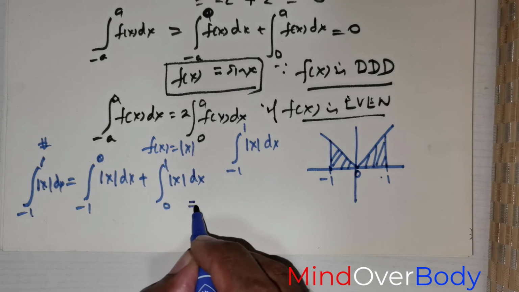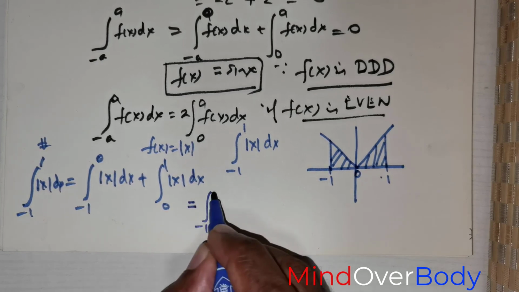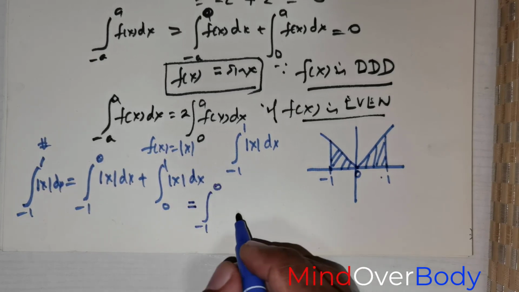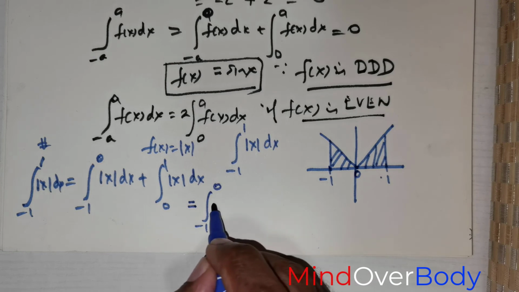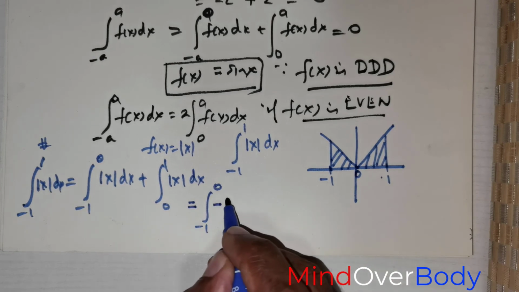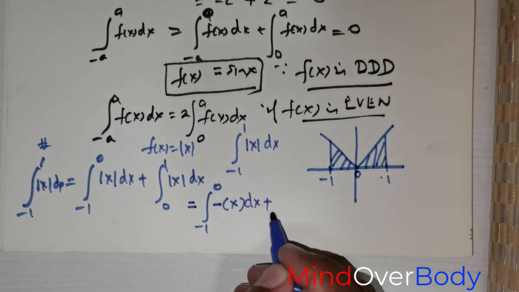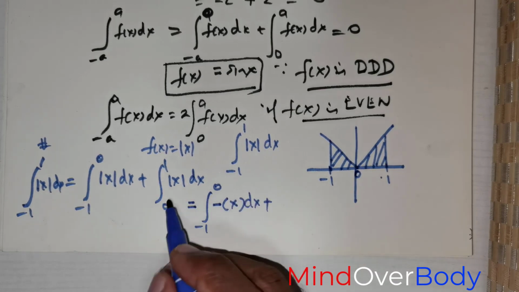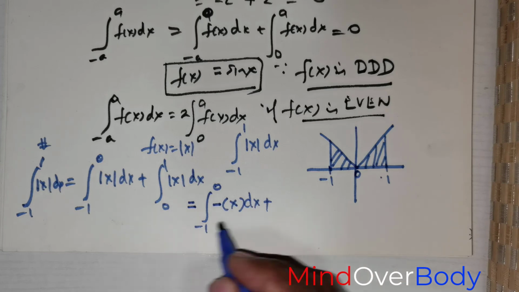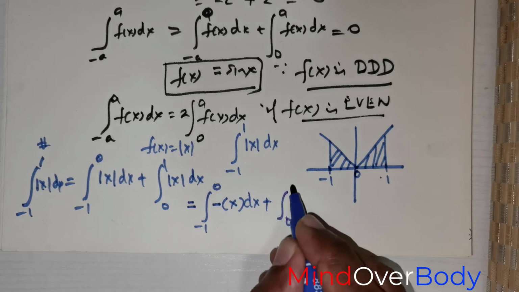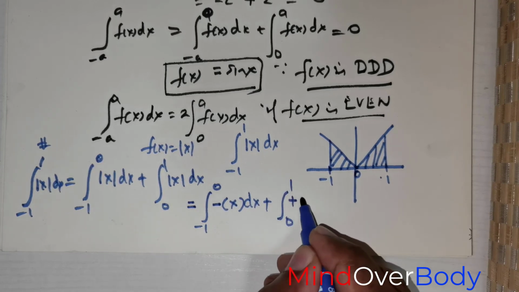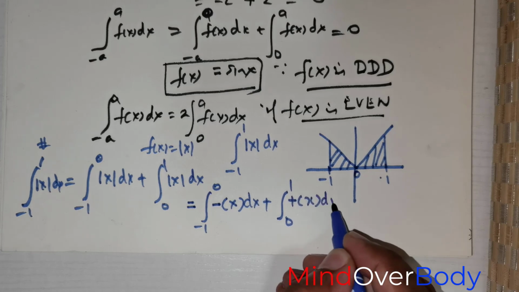So this is equal to integral negative 1 to 0 negative x times dx. For all values of x lying between 0 and 1, the modulus would open up with a positive value. So 0 to 1 positive x times dx.